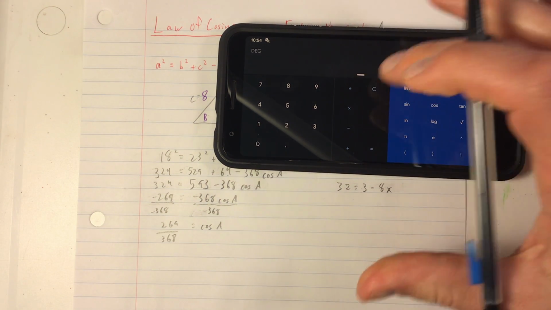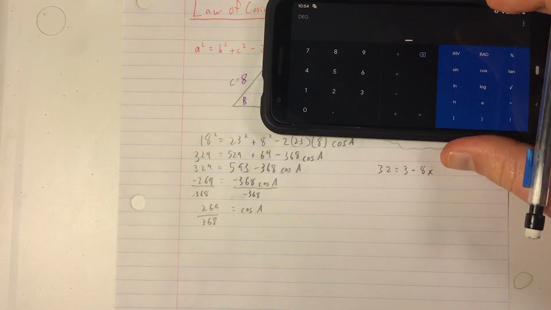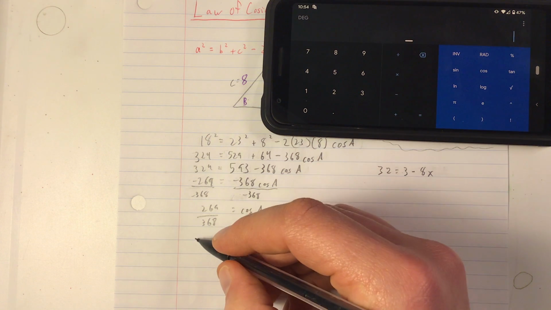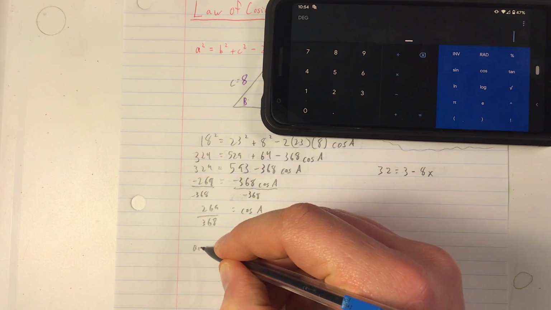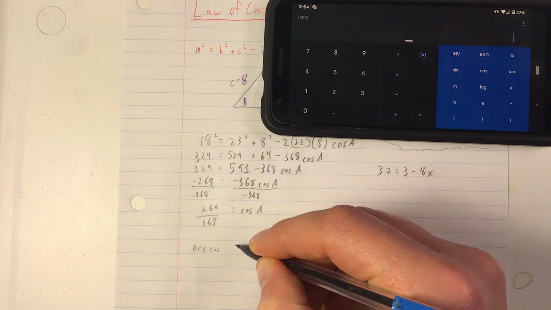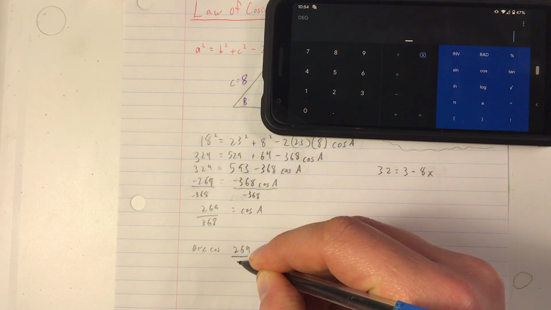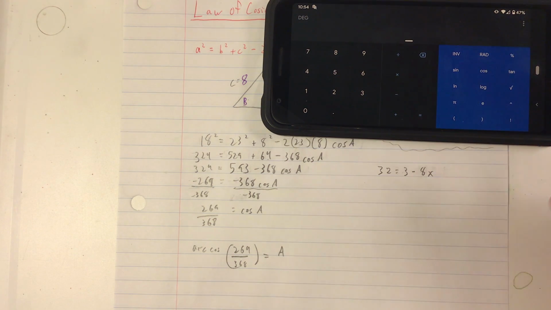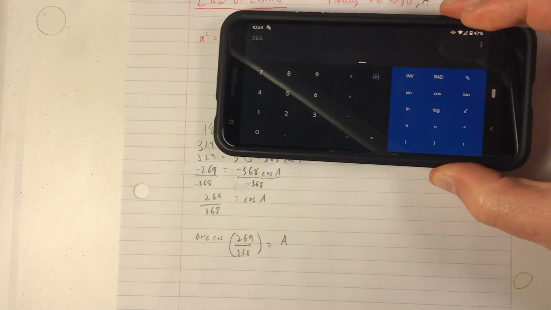So what do I do now? This is where, if you recall, I'm going to take the arc cosine of both sides, or the inverse cosine. Arc cosine of 269 over 368, and that will give me whatever angle A is.